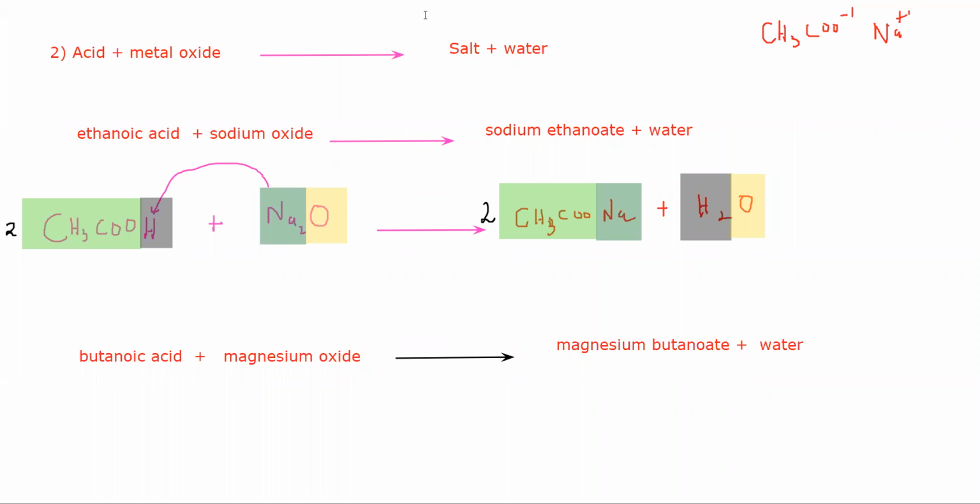And butanoic acid is CH3, CH2, CH2, COOH. Magnesium oxide is a group 2 element, so magnesium oxide is MgO.